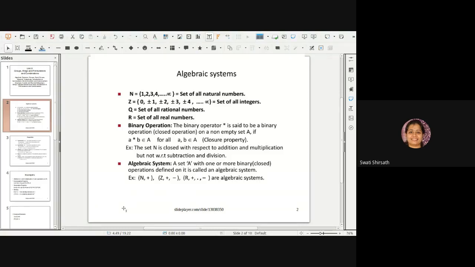So this combined can be called a group or algebraic system, provided that set and operation satisfy certain properties. I'll be explaining what properties there are. So this can be a kind of algebraic system.